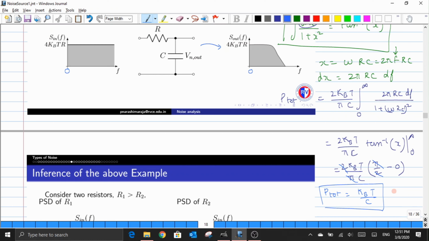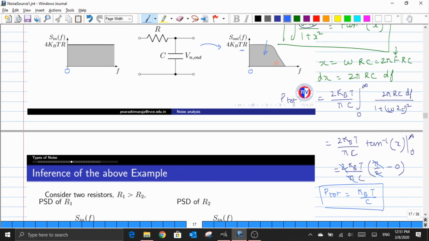There are a few observations that one can make from this expression of P total. Note that the total noise power is completely independent of the resistor value that we have used here. This means that the area under this output power spectral density for any value of R remains the same.